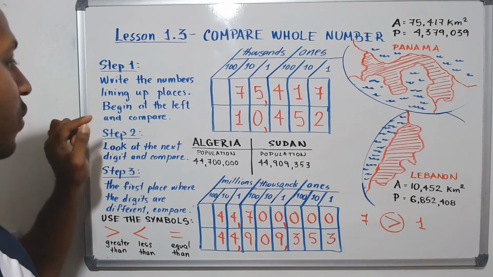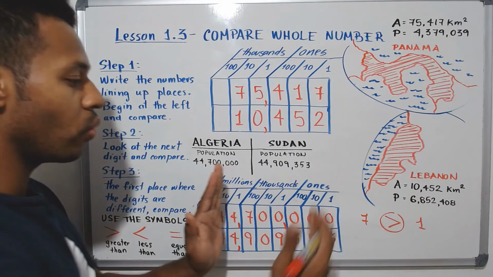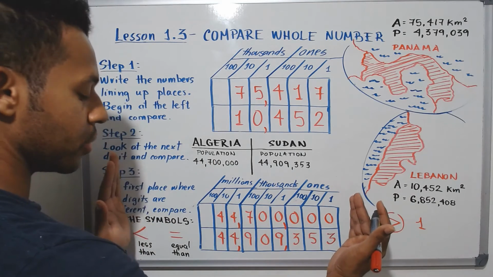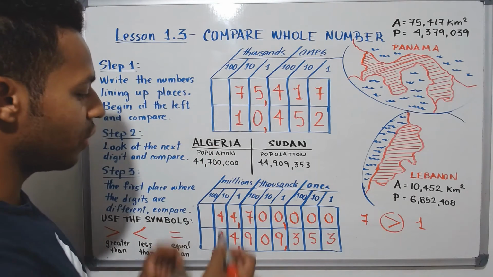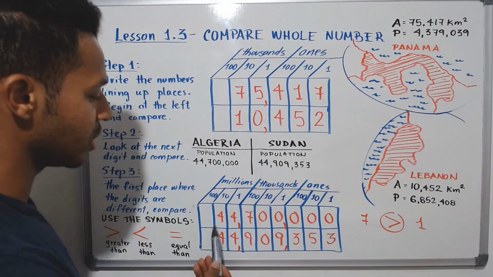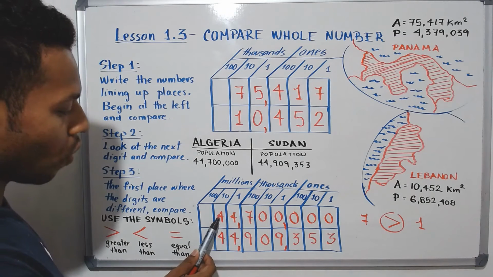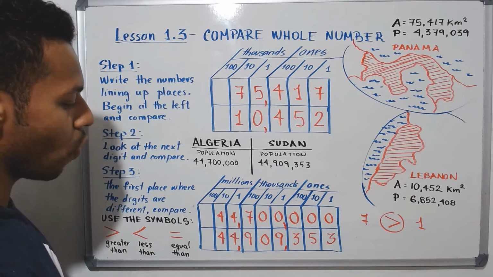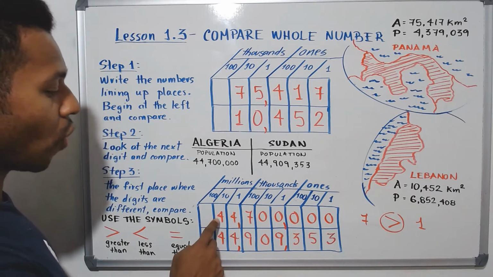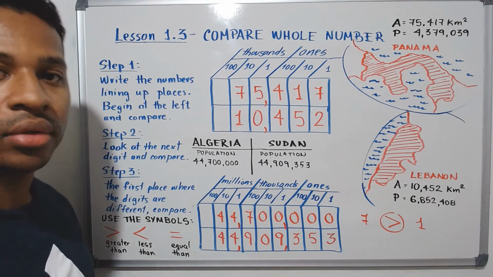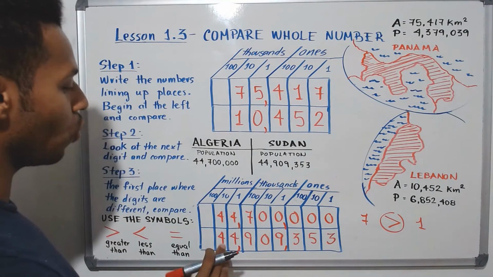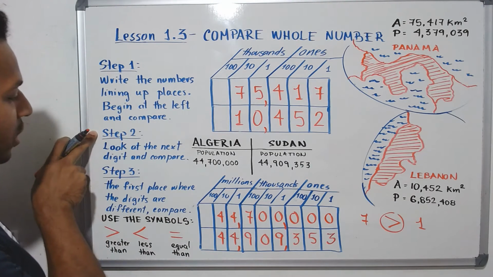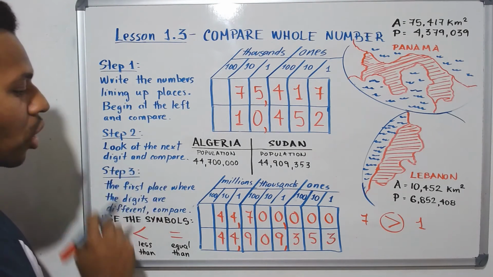Begin at the left and compare. So where is our left side? Here. So we're going to start with the ten millions place. Okay, we have 4 and 4. Compare 4 and 4. 4 is equal to 4. That's right. So we need to look at the next step: look at the next digit and compare.